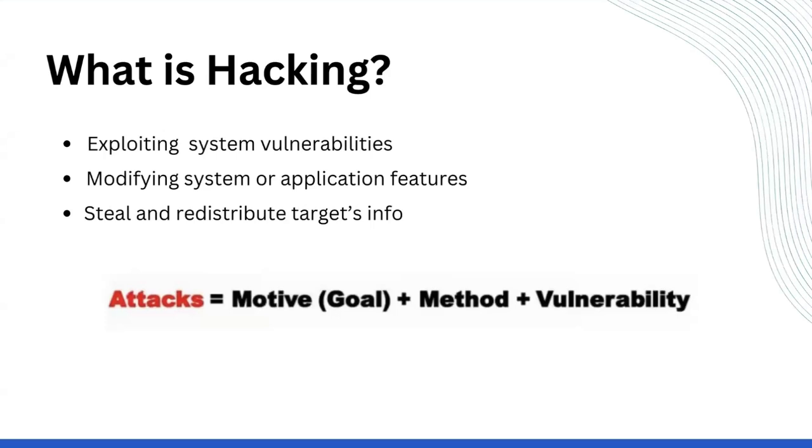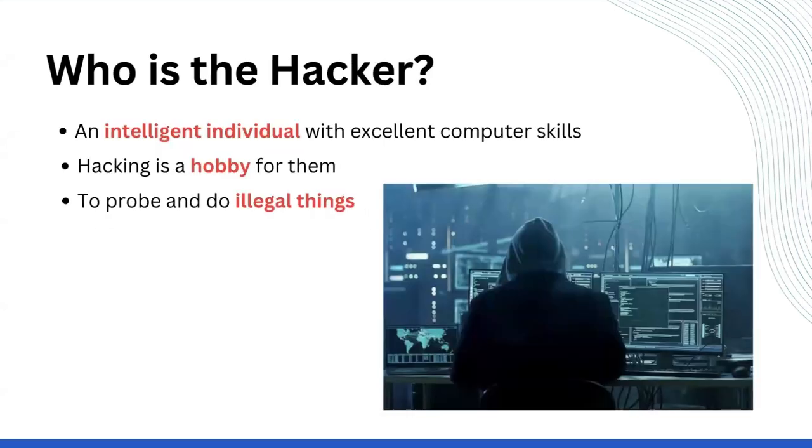And what's the vulnerability? This is the tricky part. The victim doesn't have the knowledge. Victim knowledge, or you can say humans. Humans are vulnerable. If I send you an email, you just reply back or click the link. Done. That's all I need. You click the link for me. So that's the attack.